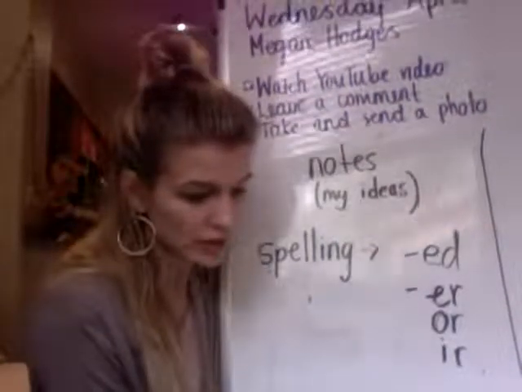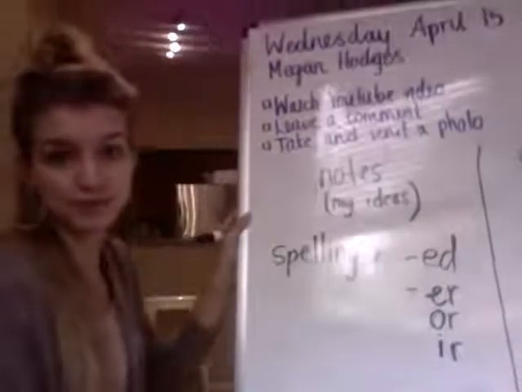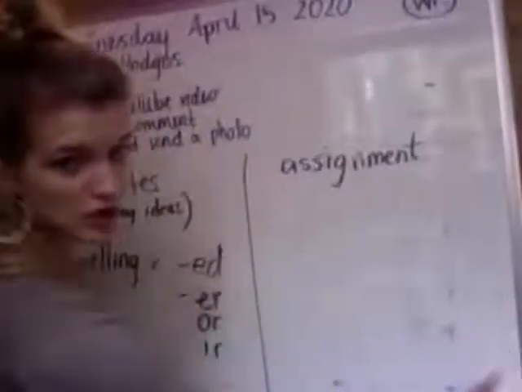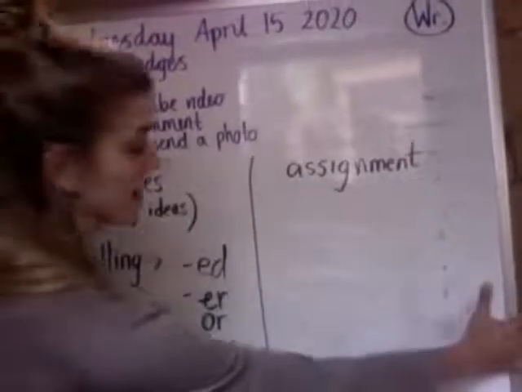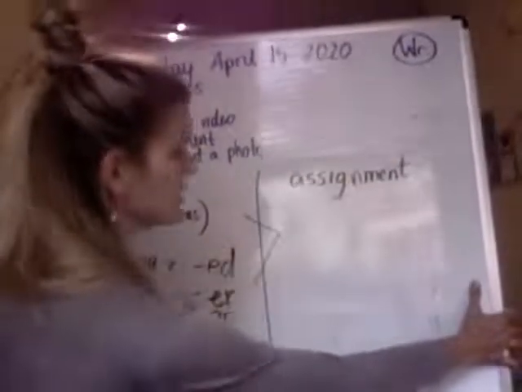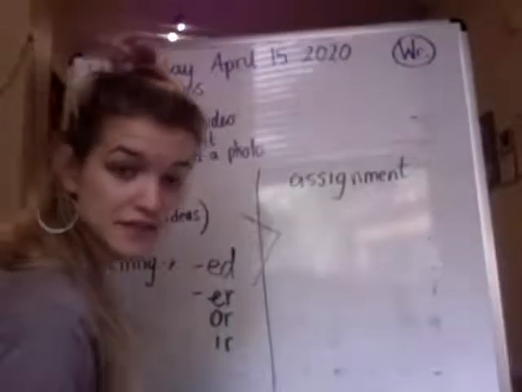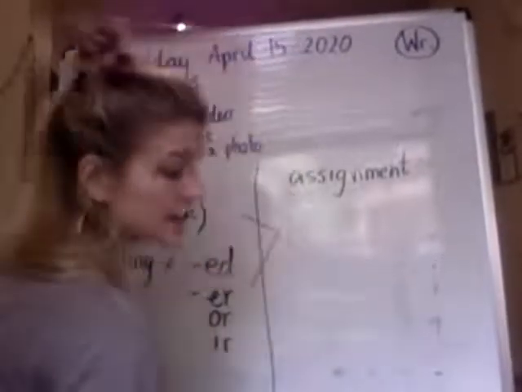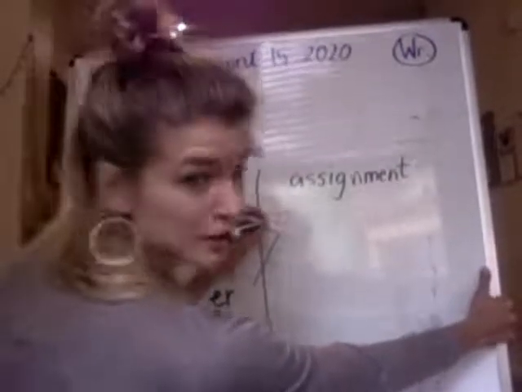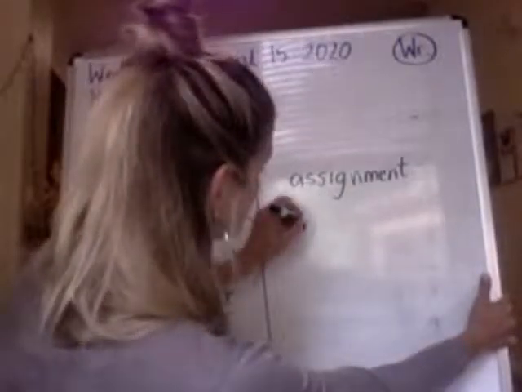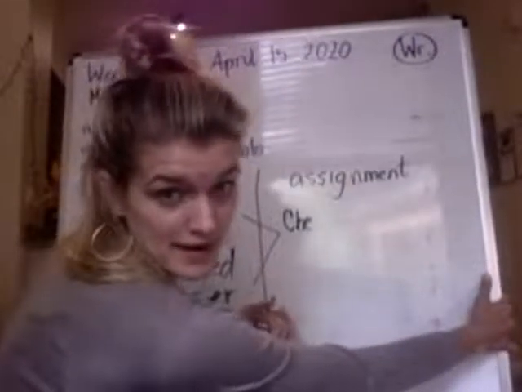Thank you. Okay, so right now, on the assignment part of your paper, it's going to be hard to do because I'm left-handed, so you guys are going to have to be patient with me. What you need to do, and I've done this in a couple videos, is you need to check your work. And remember, everything I write, you have to write, okay?